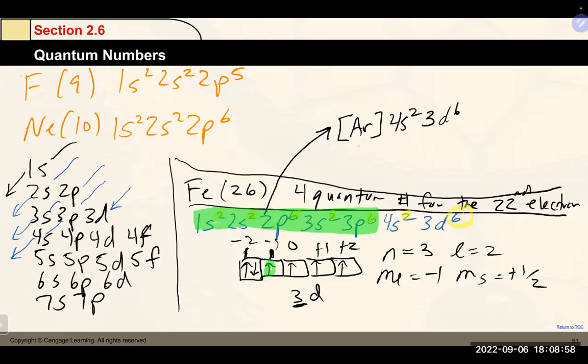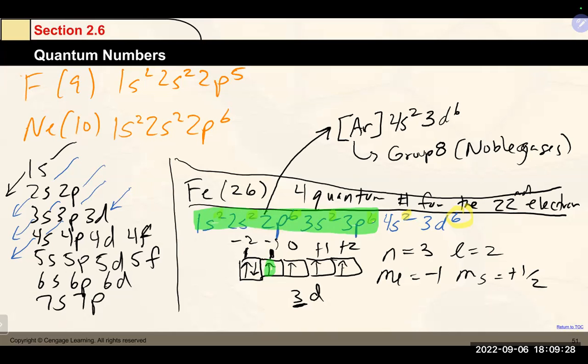Argon is group 8 on the periodic table, and those are our noble gases. This is sometimes referred to as noble gas configuration. Pretty much what that means is you could only do it using the noble gases that come right before the element. So what goes in that bracket has to be a noble gas, and then you just continue on with the configuration at that point.